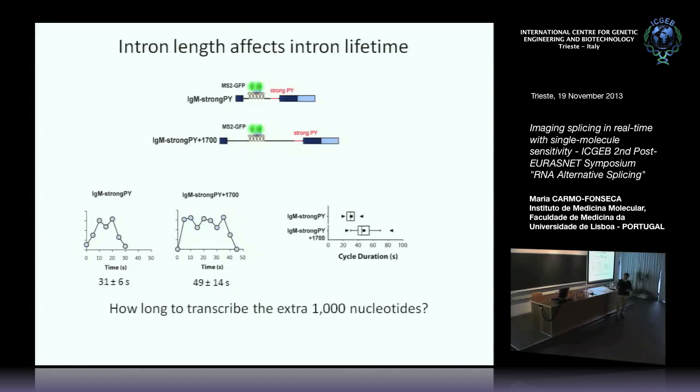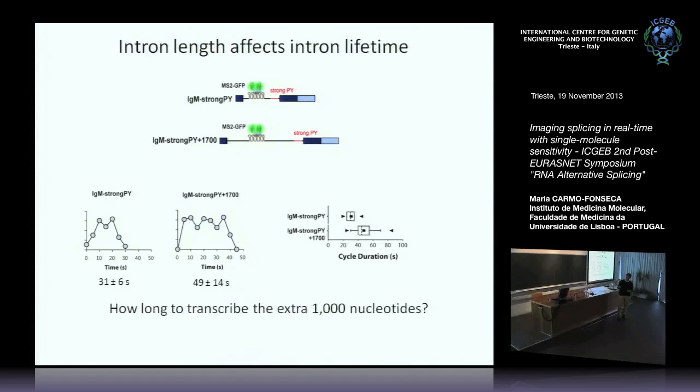So when the polymerase synthesizes the MS2 binding sites, we start to see fluorescence, but then the polymerase has to synthesize an extra 1,000 nucleotides before the splice site is transcribed.